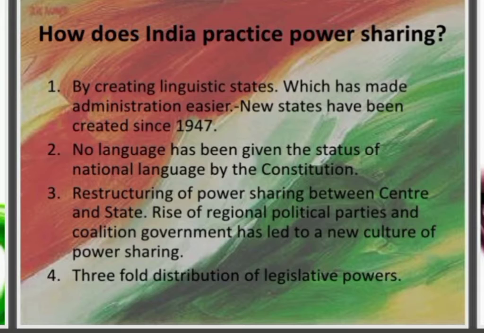Clear? Similarly, the judiciary plays a very important role in Indian federalism. We know that we have an independent judiciary. The Supreme Court has the authority to interpret the constitution. So, therefore, this helps in implementing the separation of powers.